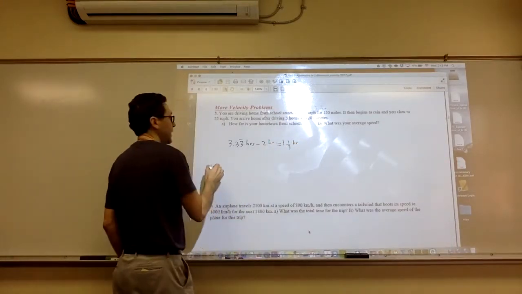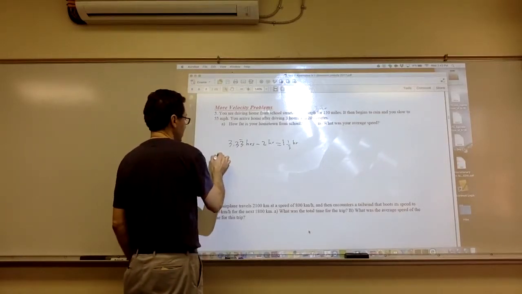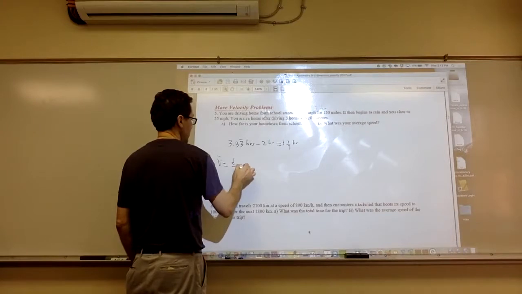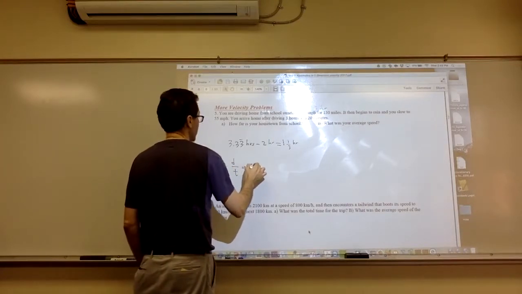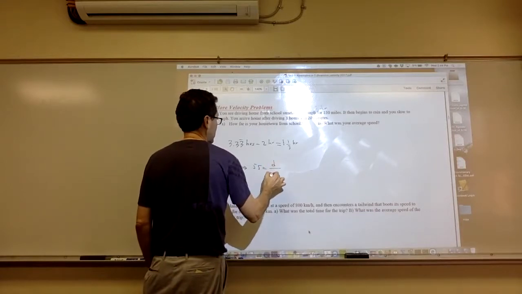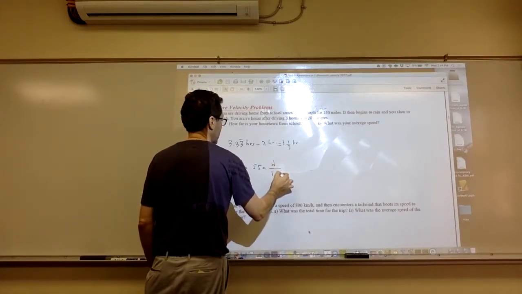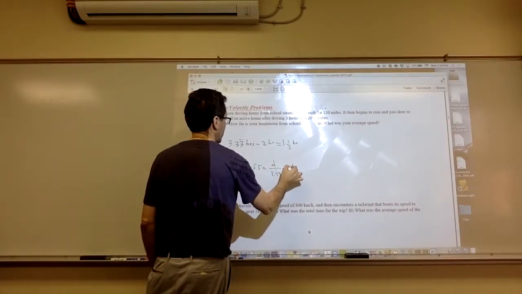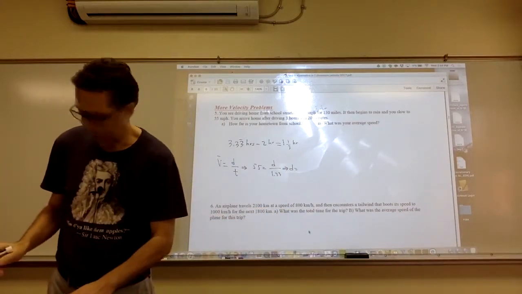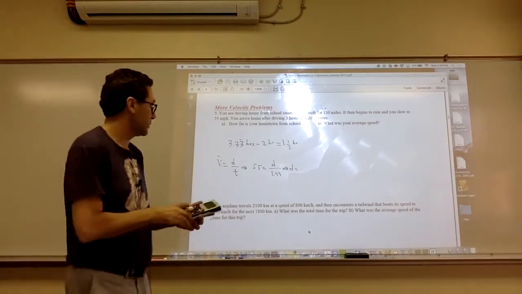Okay, and you can figure out the distance you drove at 55 miles per hour by doing v is d over t. So 55 is d over 1.33 repeating, and that should give you a distance equal to. Okay, I didn't do that, so I'm going to try.